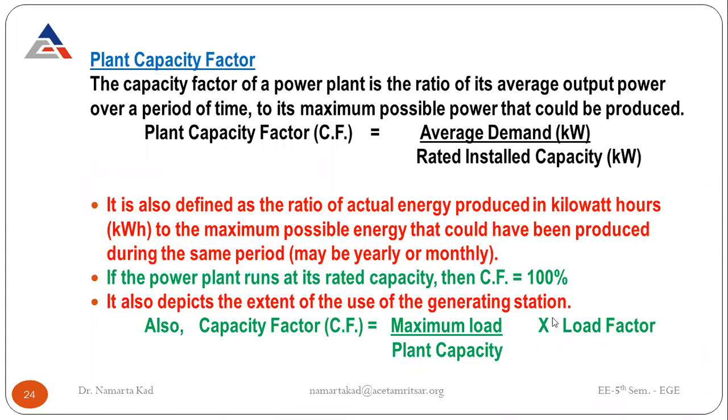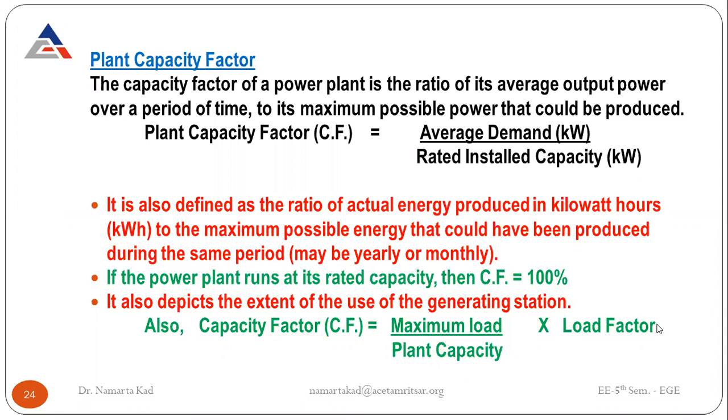Here the plant capacity is the plant installed capacity. That is, what is the load on that particular plant. So the capacity factor depends upon the load factor. What is the load factor of the area that is there on the generating station? Any generating station has to work as per the load factor, as per the load required.